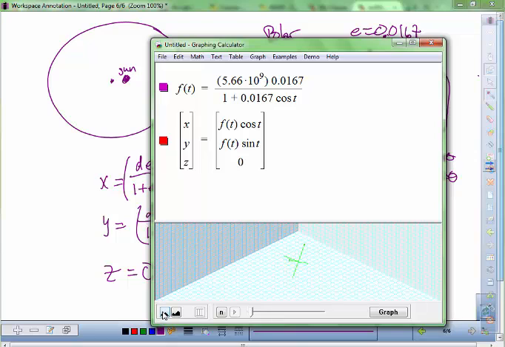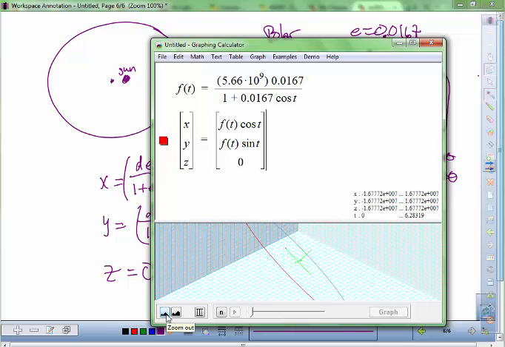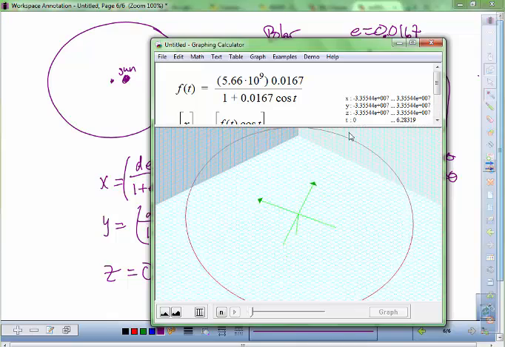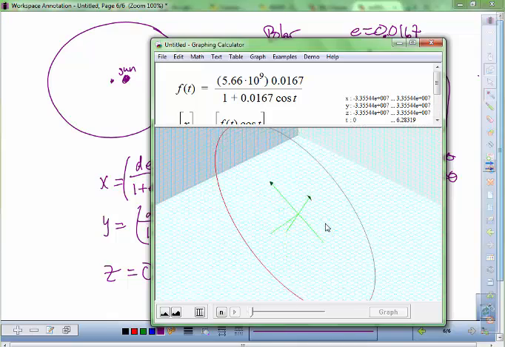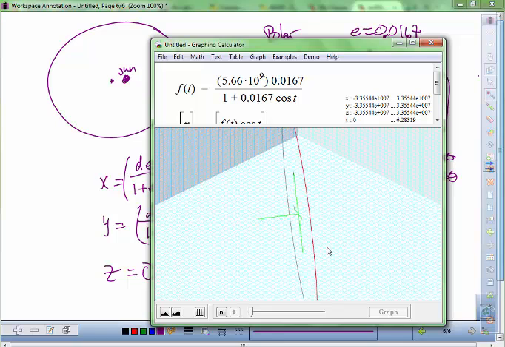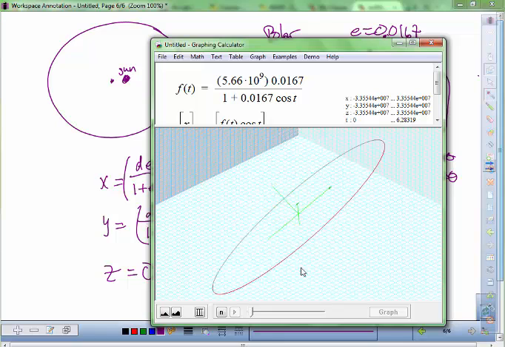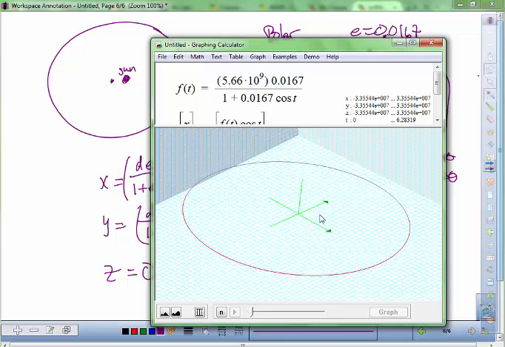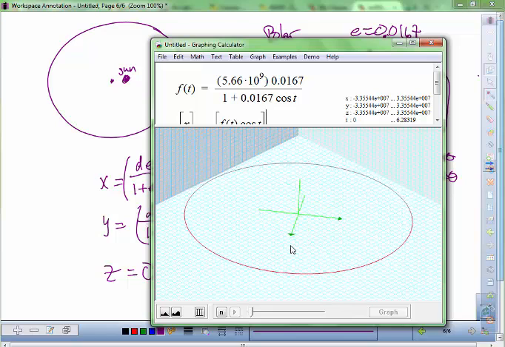We got to zoom out way. Nine zeros, right? Oh, there it goes. Whoa. All right. So we have the orbit.